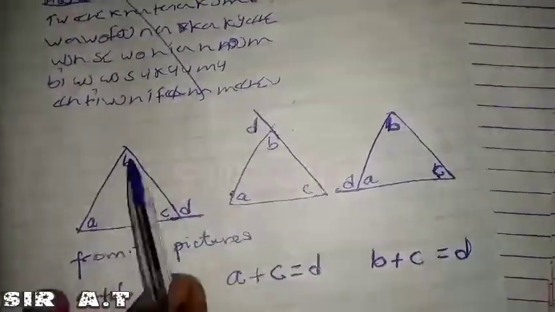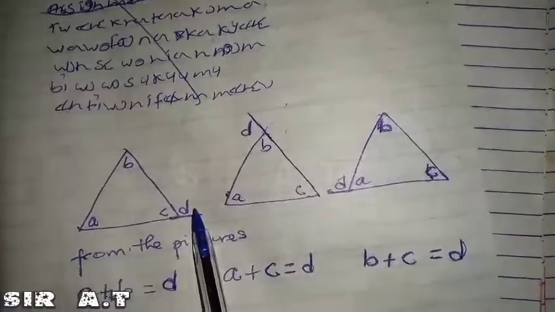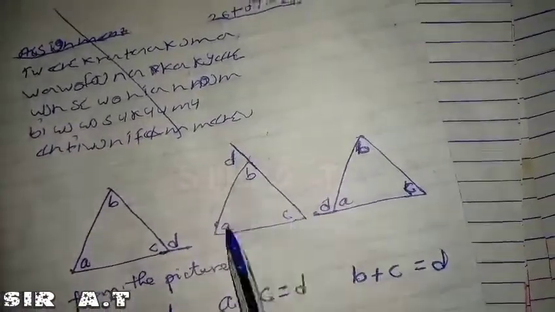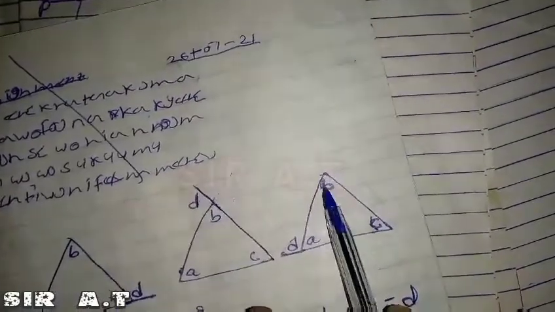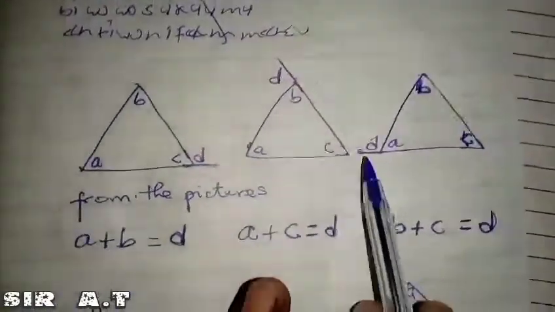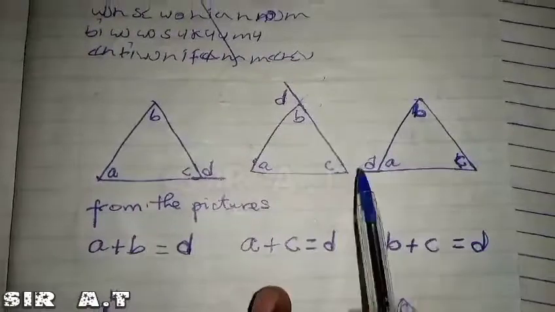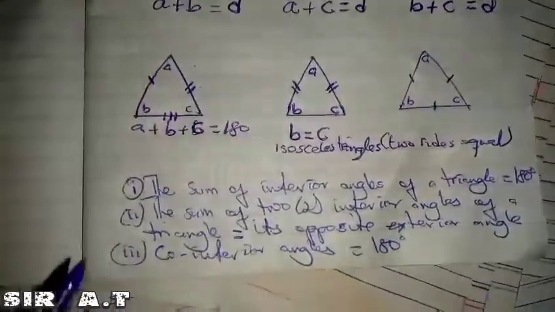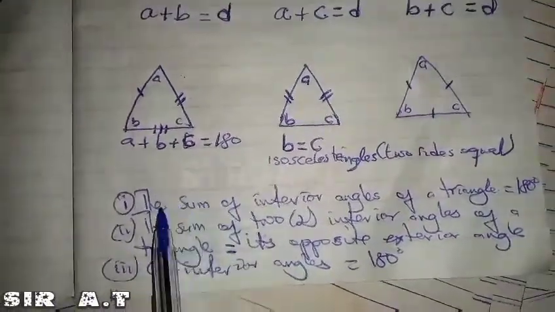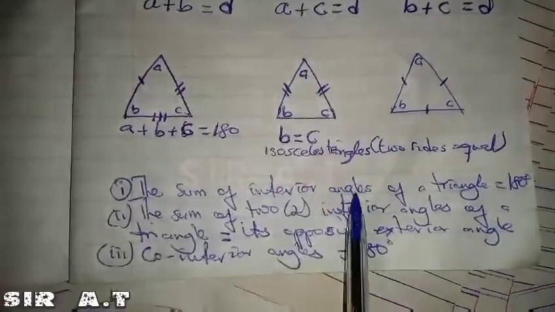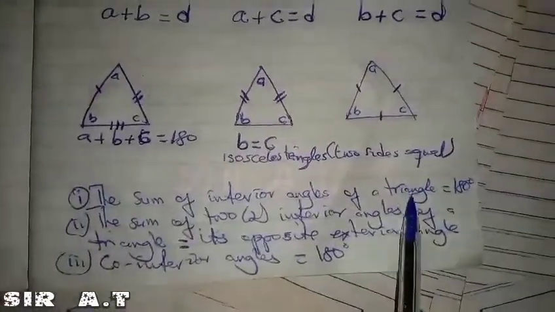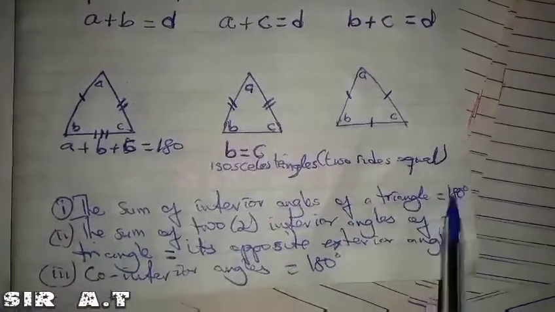So the opposite of A and B is this D. The opposite of A and C is this D. The opposite of B and then C is this D. So that is what I have illustrated here. So we are saying that the sum of interior angles of a triangle is equal to 180.